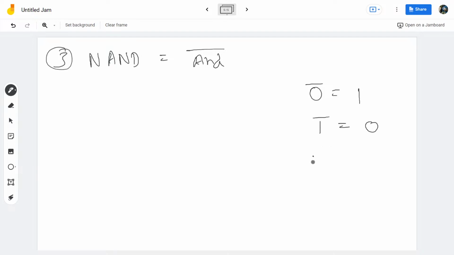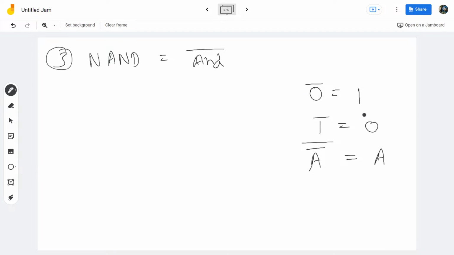So if I am writing here A, and suppose I am taking A to be 0, then the complement of A is 1, and if I am taking A to be 1, then its complement is 0. But if I take the double complement, then it becomes A only.